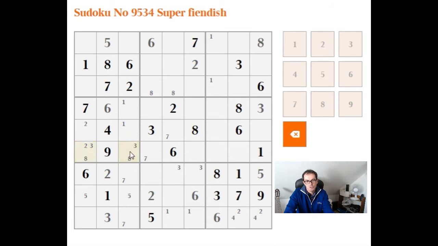But due to the logic we're using, we know that this 2 now cannot go in this cell. If this 2 goes in this cell, well, we can't put the 3 and 8. We can put one of the 3 and an 8 here, but we can't put the other 3 or 8 anywhere else in the box, so that will break the puzzle. This has to be the 2, therefore.